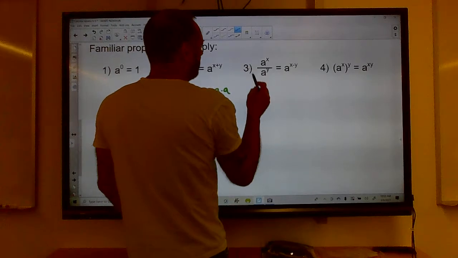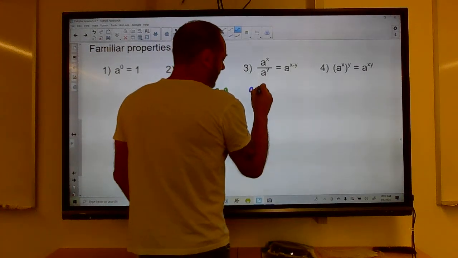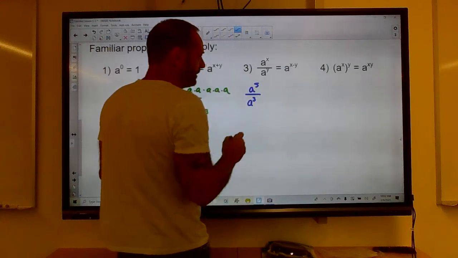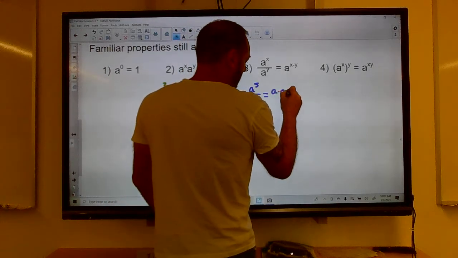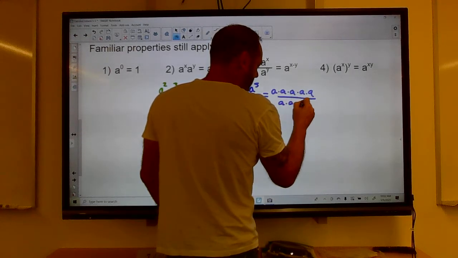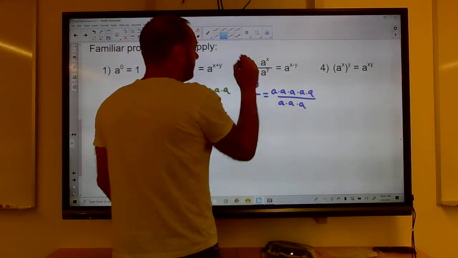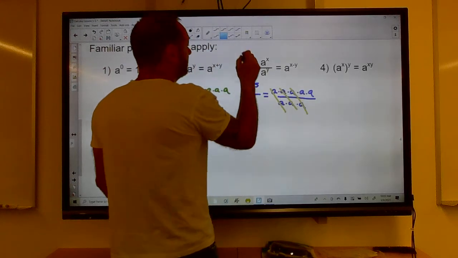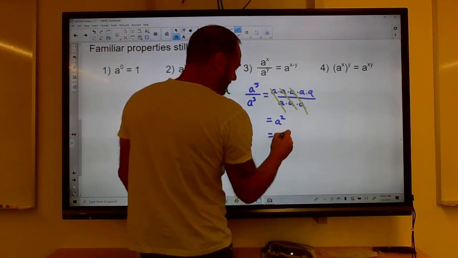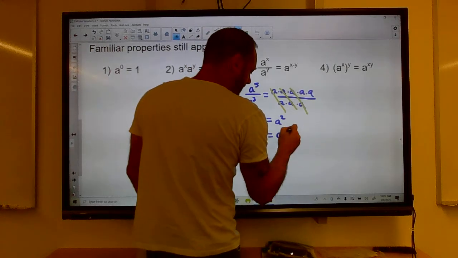Same thing here: a to the fifth divided by a to the third is a times a times a times a times a over a times a times a, and those would cancel, leaving a squared, which is a to the 5 minus 3.